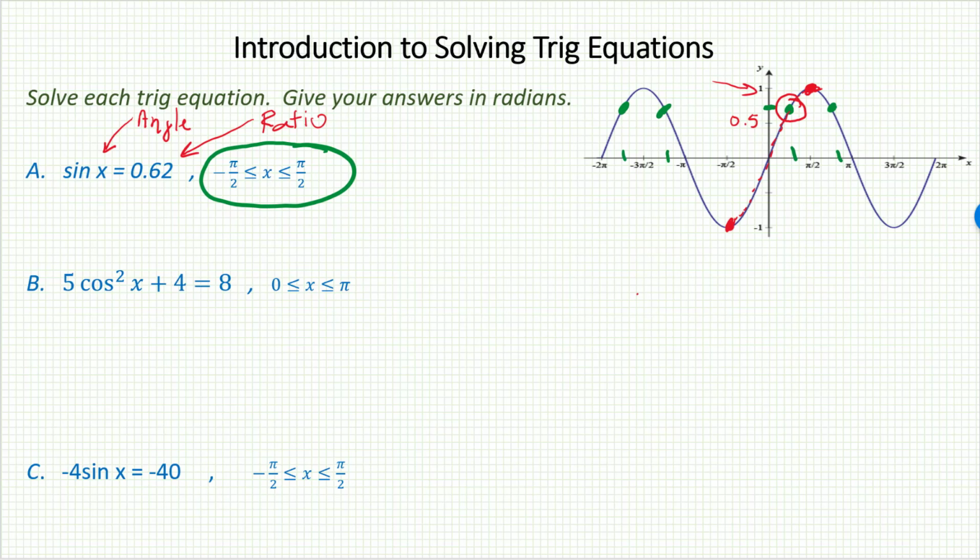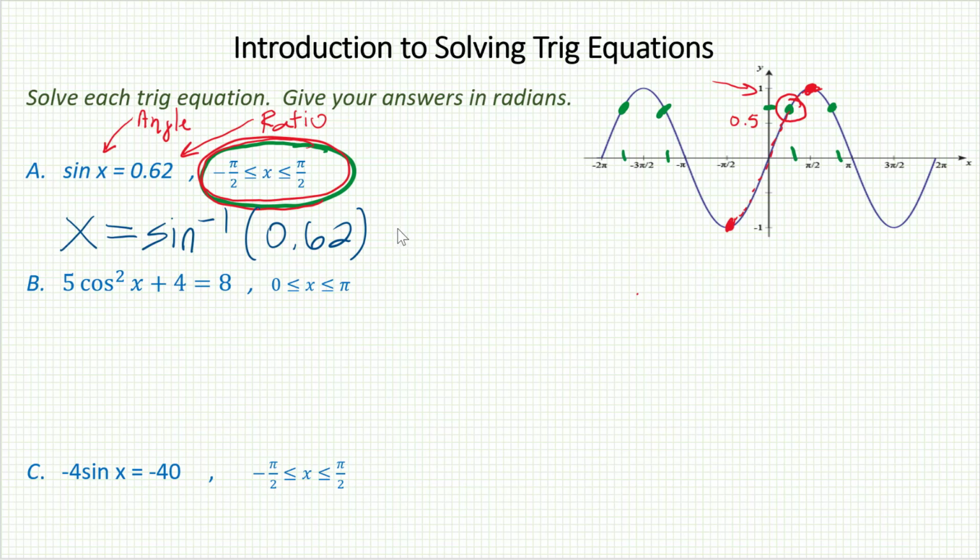Well, that's the one angle we want to find, and since we've chosen the restricted zone, I can simply use the inverse sine function to find my answer. In other words, that angle I'm looking for is the inverse sine of 0.62. This means the angle within the restricted zone whose sine ratio is 0.62, and that's exactly what I'm looking for.